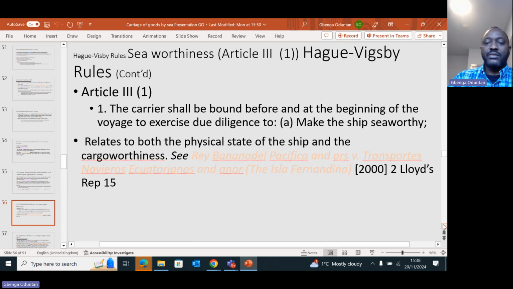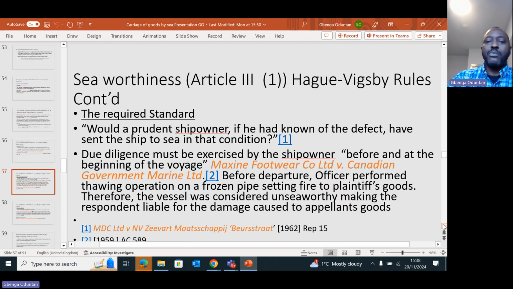What that means is expanded upon in various decisions by courts, and I've given quite a number of cases in the PowerPoint to help out with this. It includes that seaworthiness expects us to demand of the owner of the ship that due diligence has been put into maintaining the ship in good order.